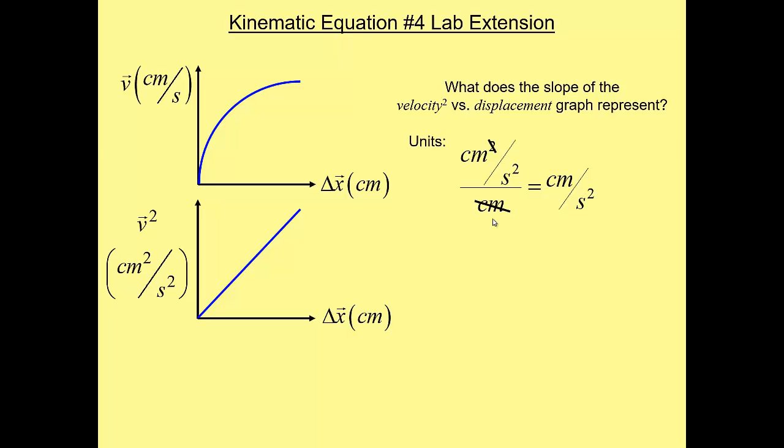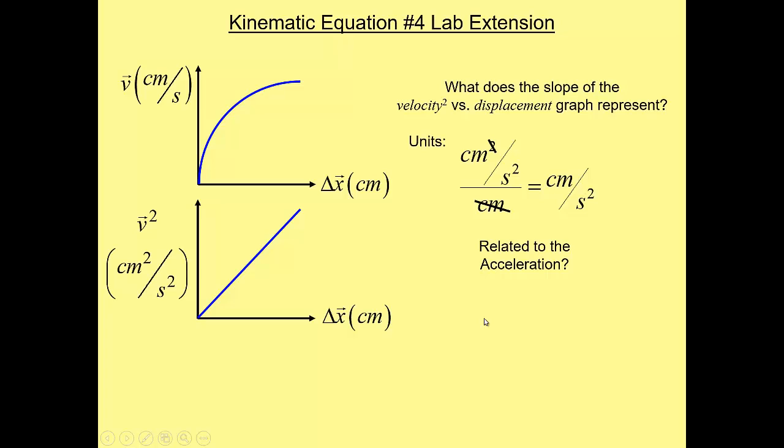It's the same thing. So what are those units of? Yeah, they're units of acceleration. So perhaps the slope of this linearized graph has something to do with the acceleration. Certainly the units seem to lead us that way. The units make it look like it's an acceleration.